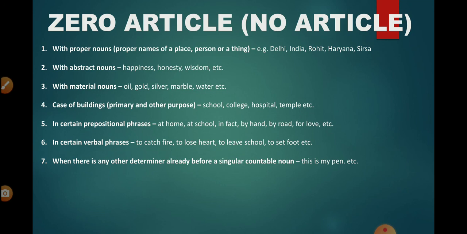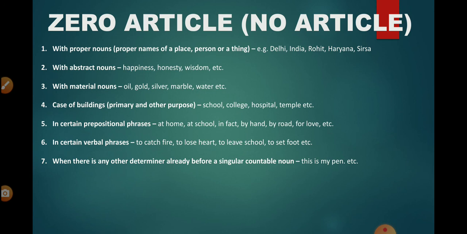And if someone is visiting or using those buildings for some other purpose, which is not the primary function or purpose of those buildings, then we use the definite article before them. It is quite important to explain this rule with an example.